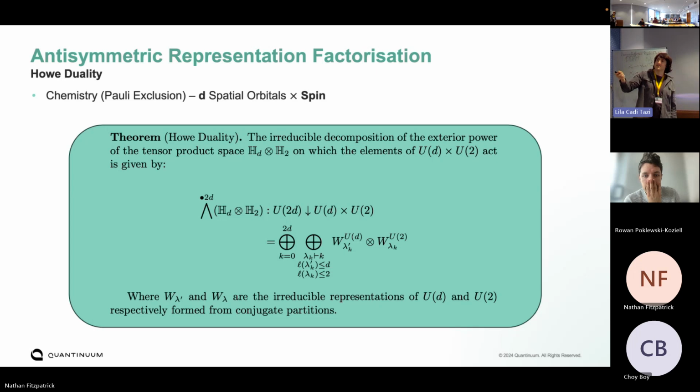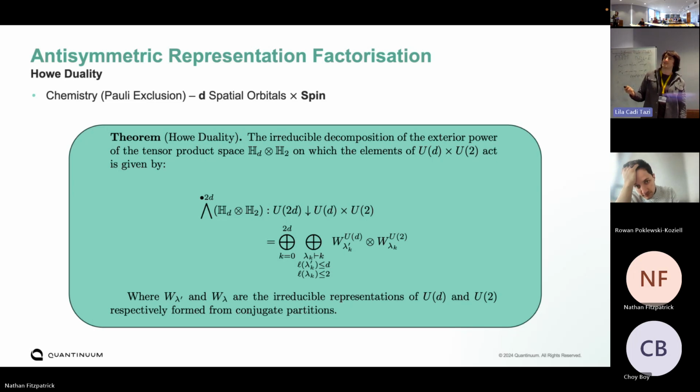And when you have this, there's a very famous decomposition called Howe duality, which allows you to subduce down the group chain from U(2D), which before was n, now it's 2D, two times the number of spatial orbitals.